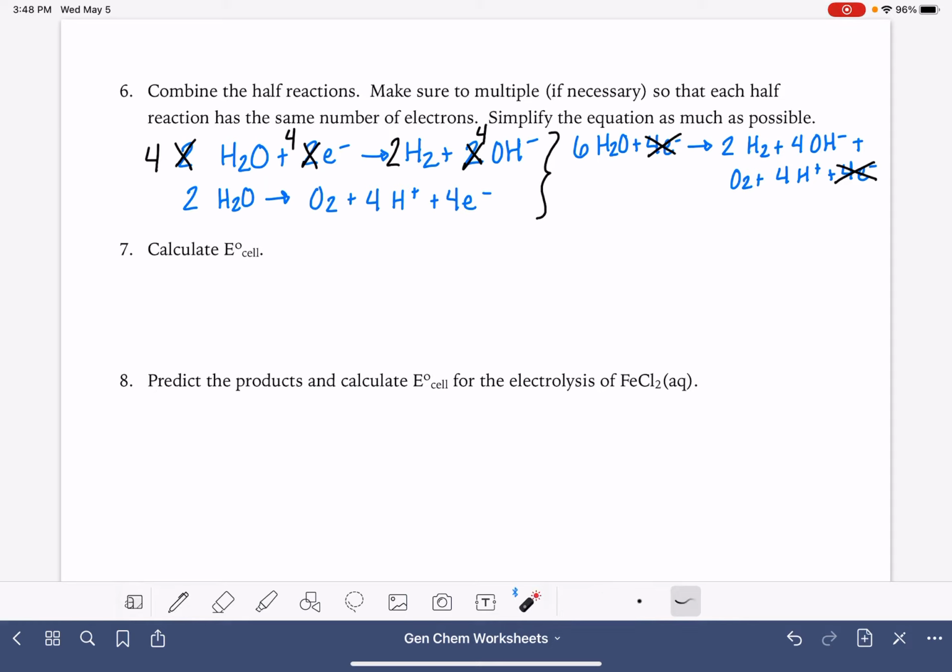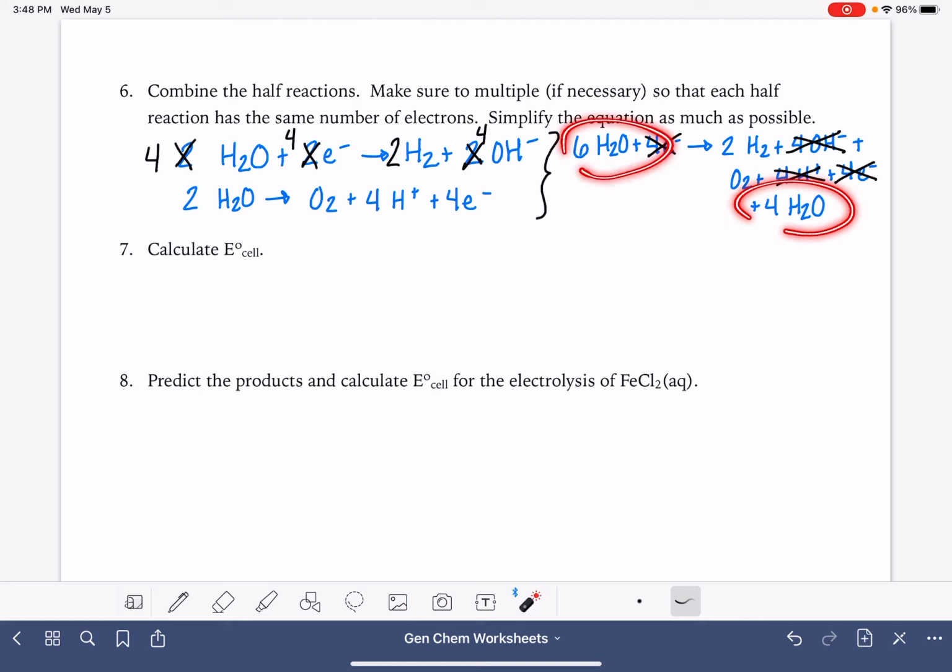Also, like balancing a redox reaction, if we have OH minus and H plus, we're going to want to rewrite that as water. So I'm going to cross off the 4 OH minus and the 4 H plus. That's going to be 4 H2O. And just like balancing redox reactions, when we do this process and we rewrite as H2O, we always want to look and see if we can cancel some of those waters out.